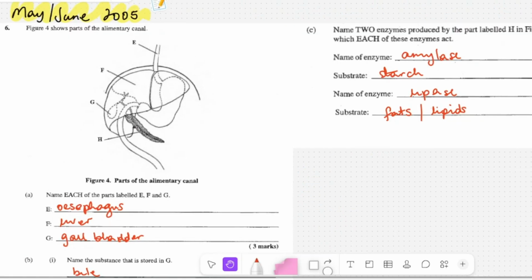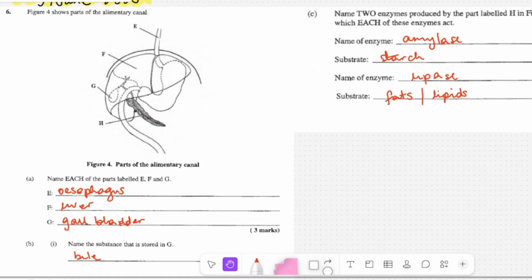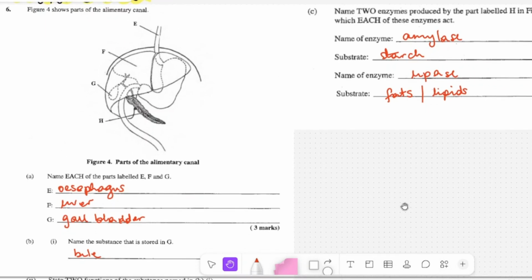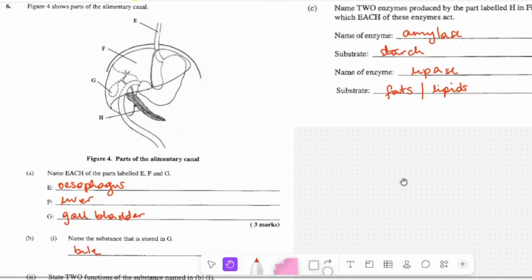So finally, we have this past paper question from May-June 2025. This entire question was worth 10 marks, and we would be able to answer it based on the information that we would have covered within this session. So question 6, figure 4 shows part of the alimentary canal.